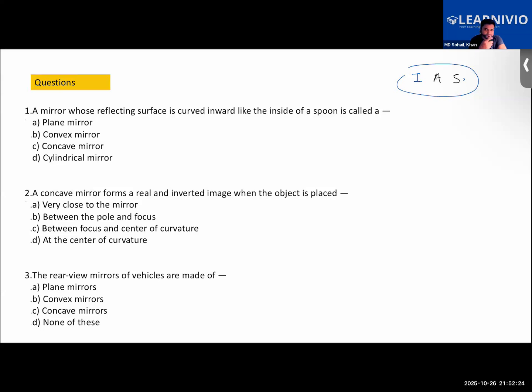Convex mirror, you are saying. Okay, Ayush, what about you? Sir, option number A. They are used in making concave mirrors. Ayush, which is the correct option?